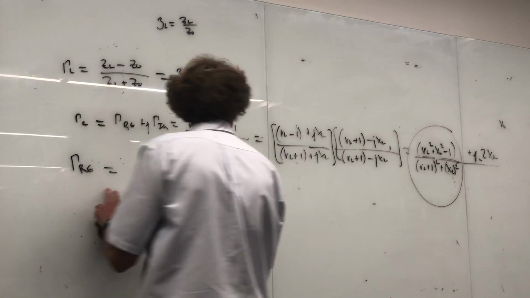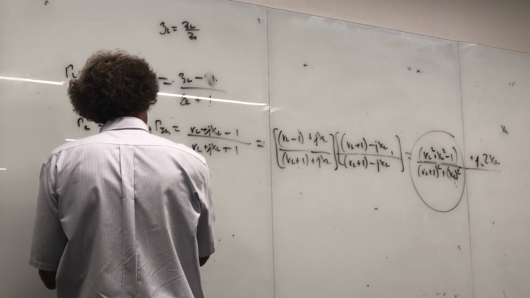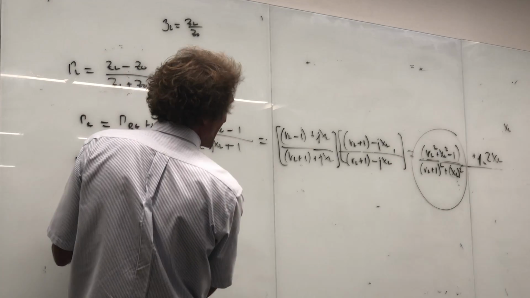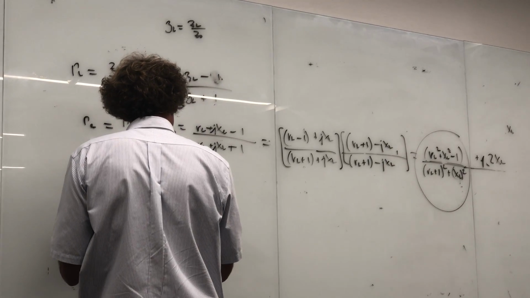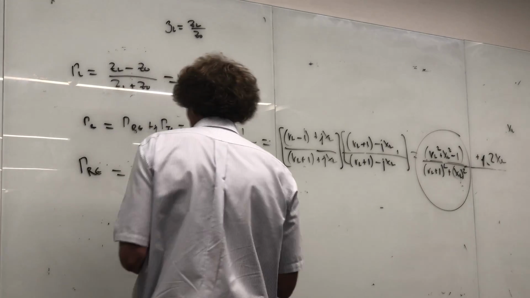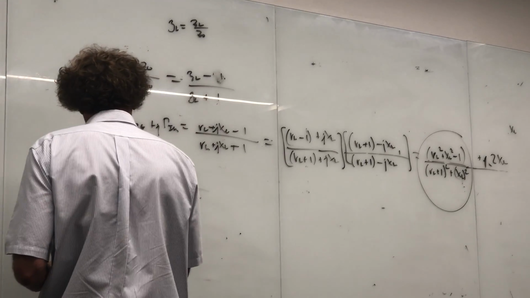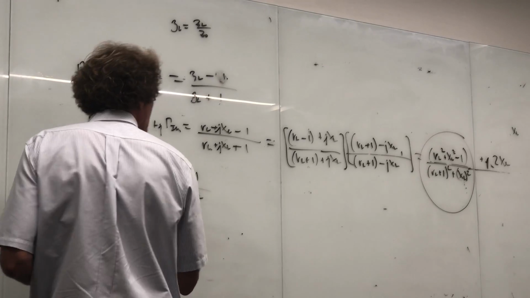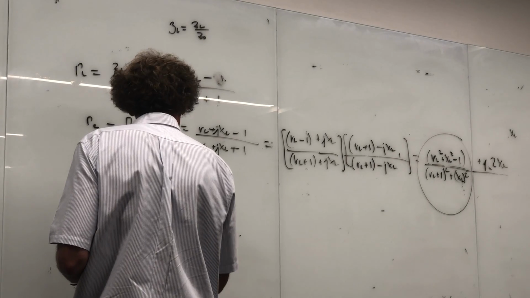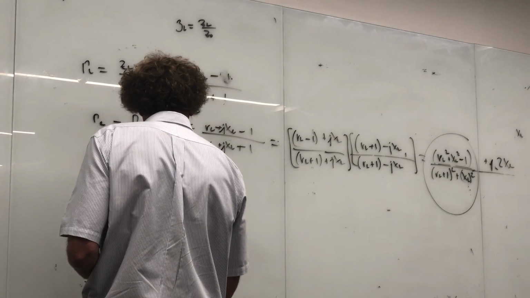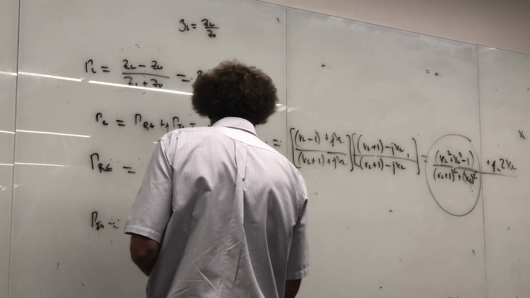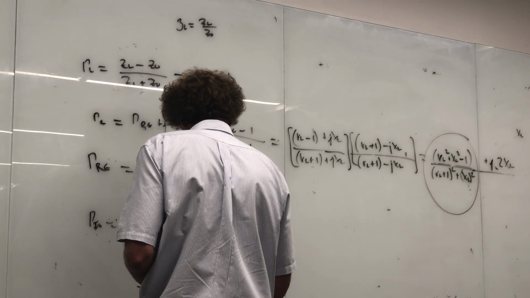So it's equal to R_L squared plus X_L squared minus 1 over R_L plus 1 squared plus X_L squared. That's the real part. The imaginary part is equal to 2X_L over R_L plus 1 squared plus X_L squared, right?